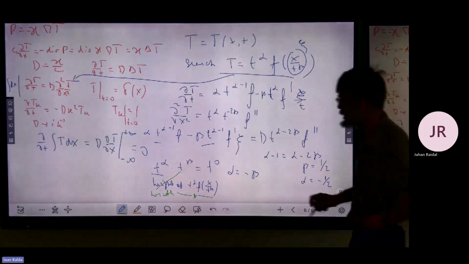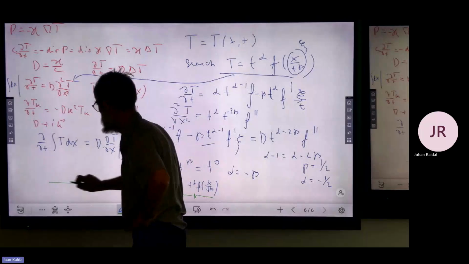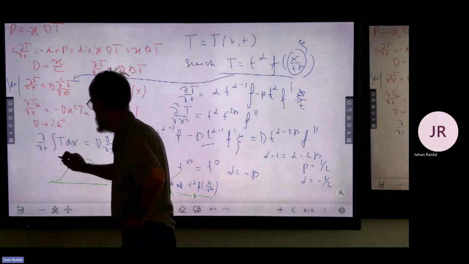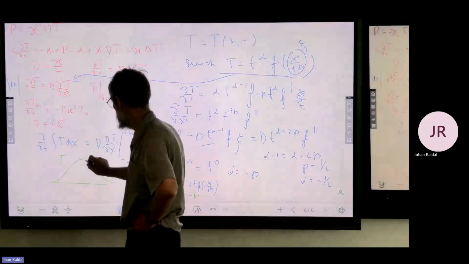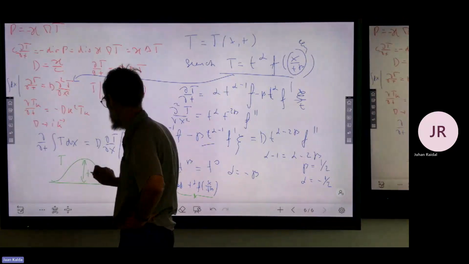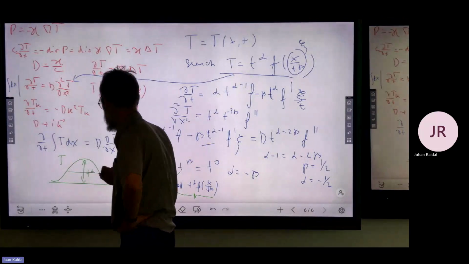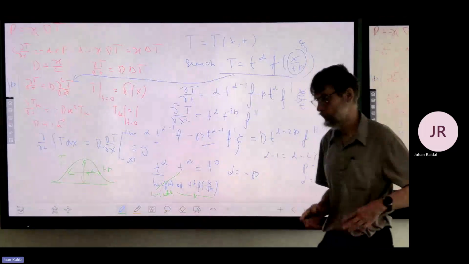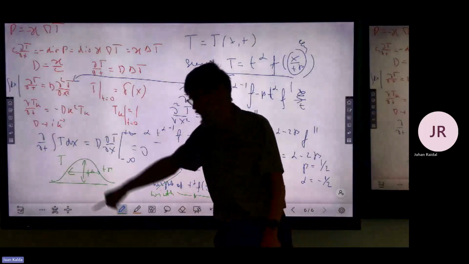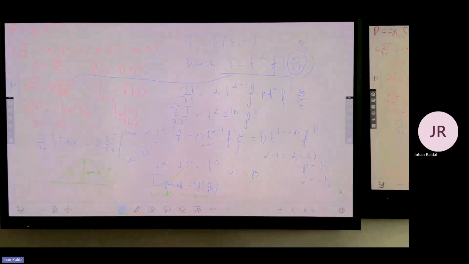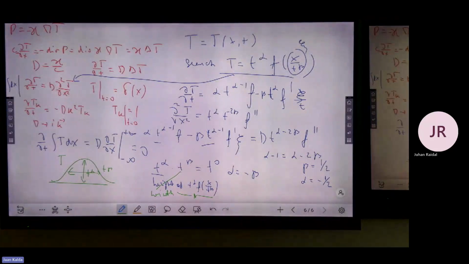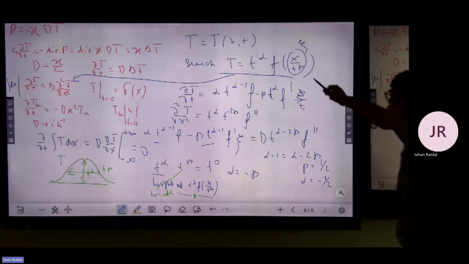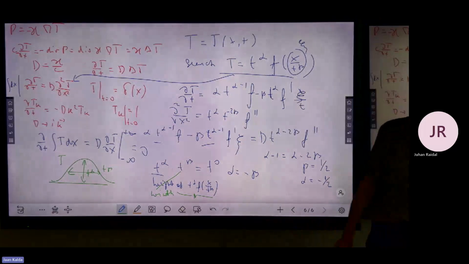So we have a certain profile for our temperature. This here is t to alpha. This here is t to beta. So the total surface area is height times width. Right? Shape factor as well, but the shape factor is defined by f. This shape factor remains constant.